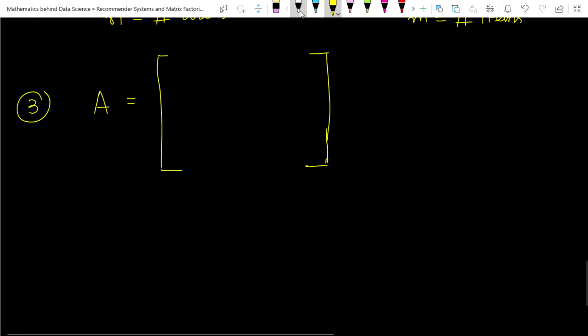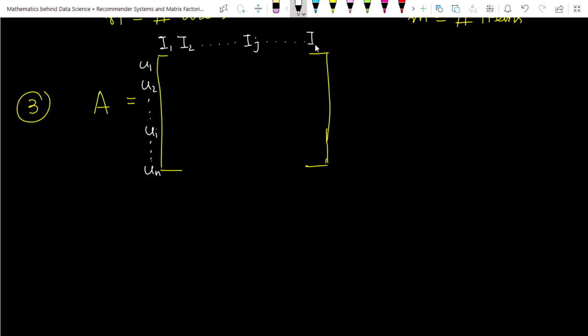How will we predict these things? Suppose each row is responsible for each user, somewhere it is Ui, somewhere it is Un, and each column is responsible for each item, somewhere Ij, up to item M. Suppose a few of them are non-empty; let this blue color be the non-empty cells.